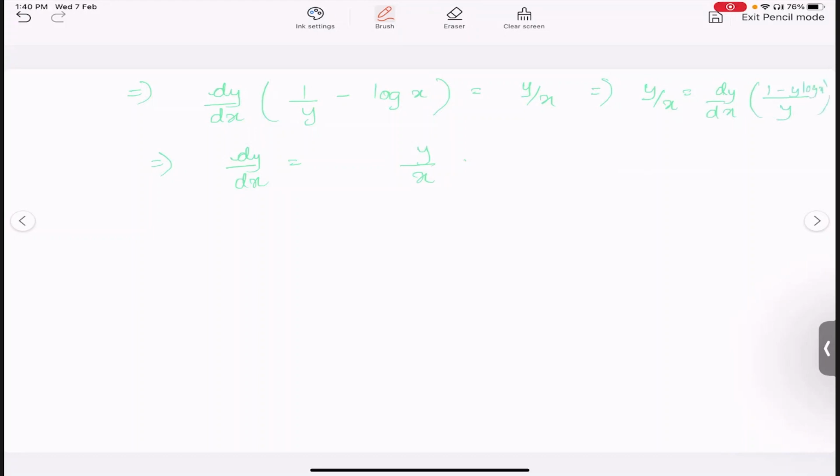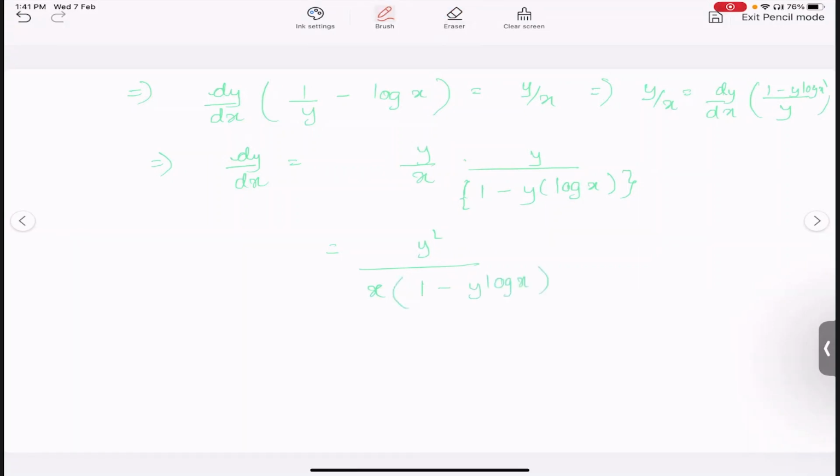So we'll write it here. This will become y by 1 minus y log of x. And this is the thing that we are left with. So this will become y square by x times (1 minus y times log x).